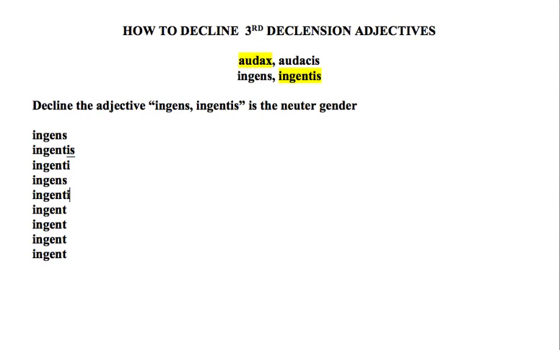Don't forget that for third declension adjectives, the ablative singular ending is I instead of E. Please also remember that in the neuter plural, instead of using just the letter A as the nominative and the accusative plural ending, you're going to see the letters I and A. And when we deal with third declension adjectives, the genitive plural ending is IUM instead of just the letters um like it is for nouns.